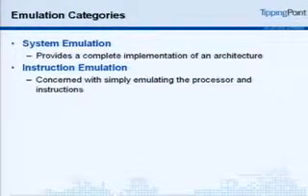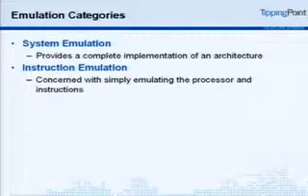So the two categories that I mentioned earlier, system emulation is the first one. System emulation is what is the most popular right now, and I include virtualization and hypervisor in that category. What that does is provide a complete implementation of an architecture. We'll go over just a couple of the different things that it provides and how it works, but in system emulation, you would be able to run a guest operating system.